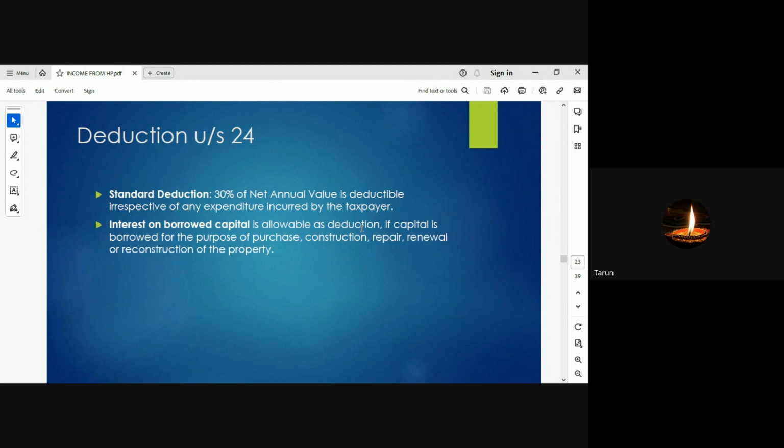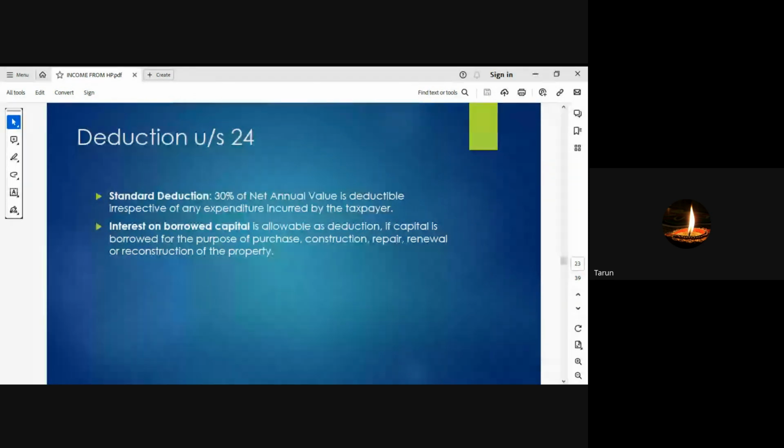As I already told you, in the salary part, the standard deduction is 50,000. But in income from house property, the standard deduction is 30% of the net annual value. So whatever value has been calculated as the net annual value, the standard deduction is 30% of it.